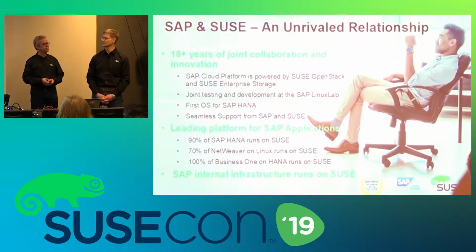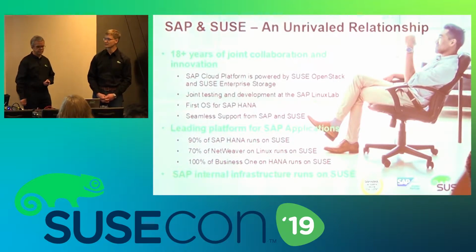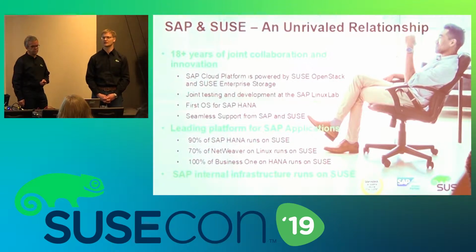Yeah, we have joint testing and development in the SAP Linux lab. That means each product which is coming from us and from SAP is tested by both sides together to be sure that the systems are working on the new products and new operating systems.